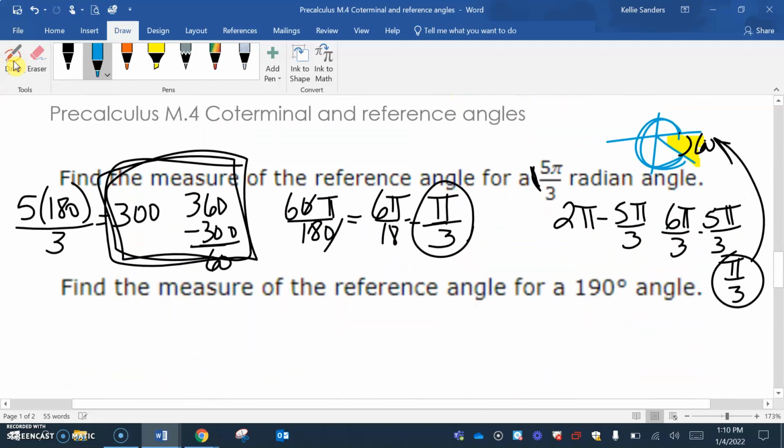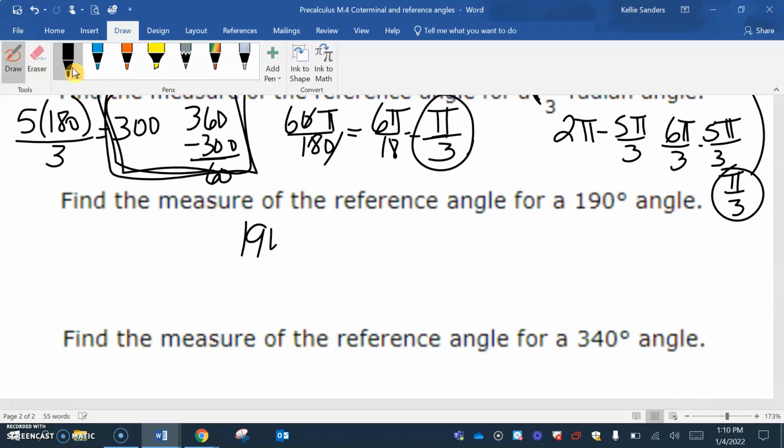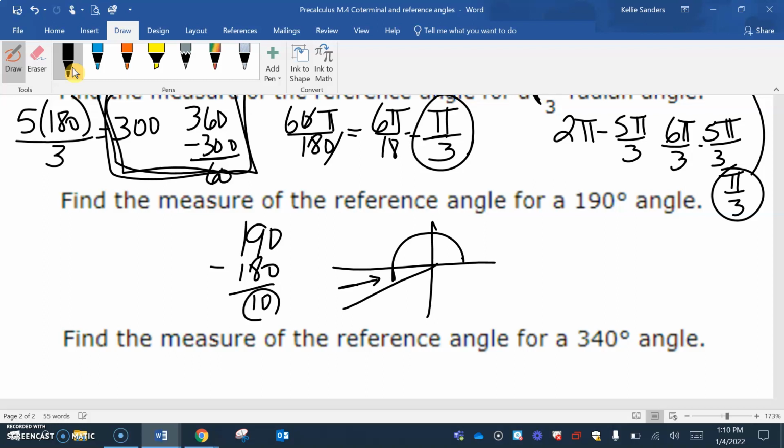So we're going to take that. 10 is your reference angle. That's 180. Then a little bit more gets us to 190. And we want the little bit more because it's touching the x-axis. So it's 10 degrees.